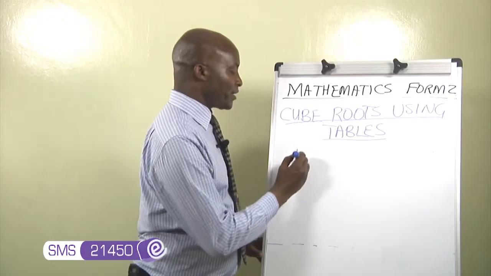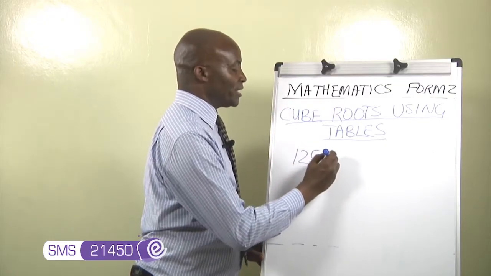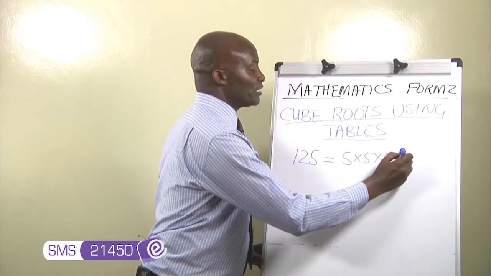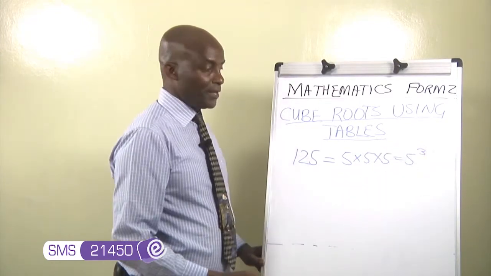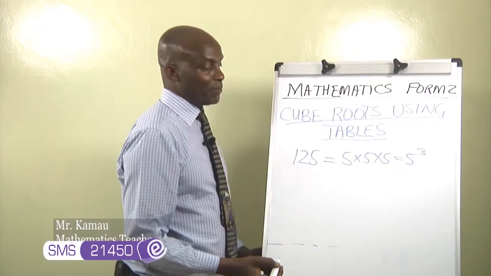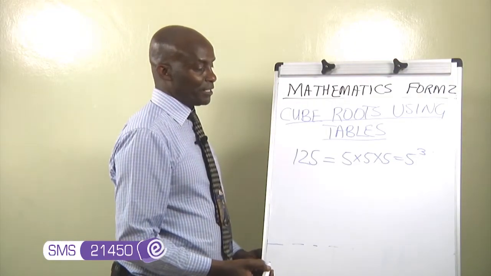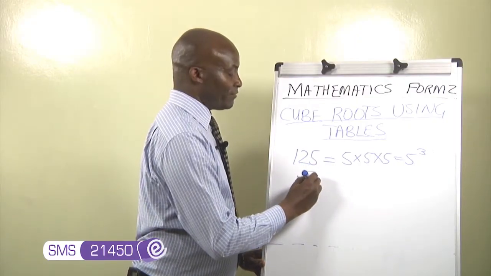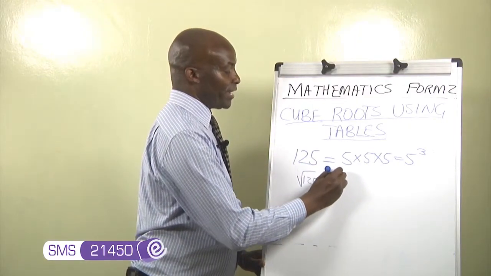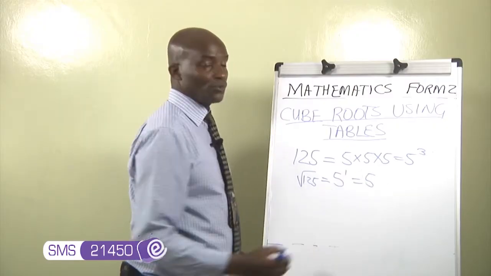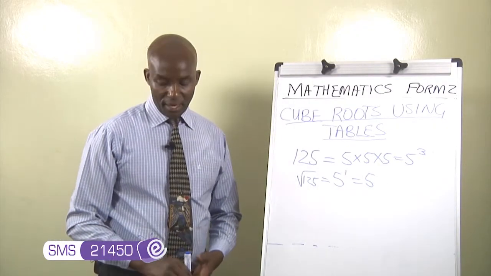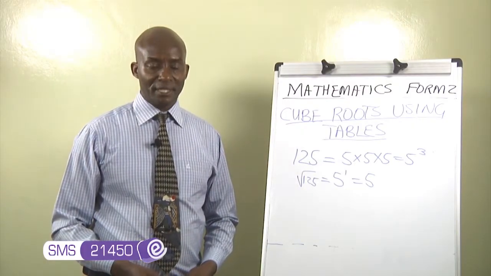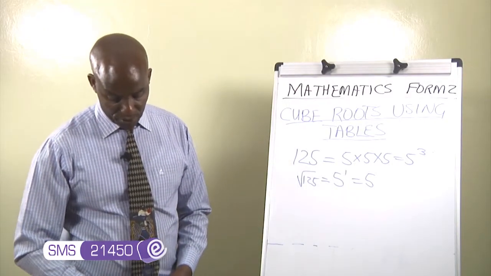E.g., 125 can be written as 5 times 5 times 5, which is equal to 5 to power 3. You can see 3 is divisible by 3, which is the power of 5, and therefore the cube root of 125 is equal to 5 to power 1, which is equal to 5. Now today, we'll see how we can get cube roots of other numbers that are not exact cube roots.